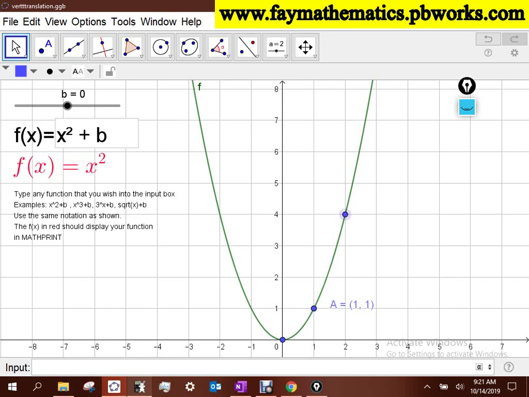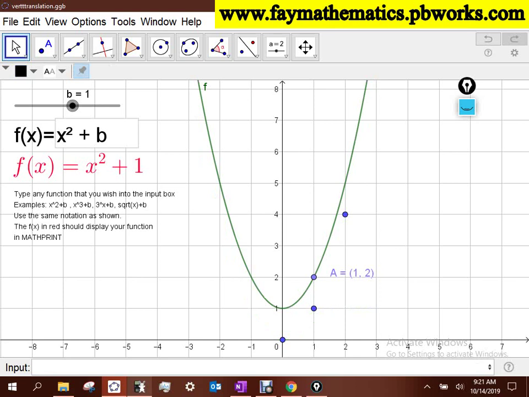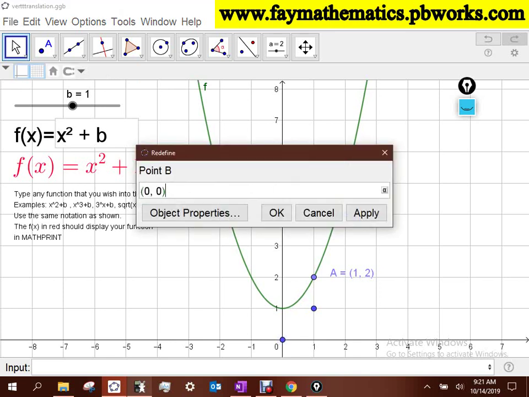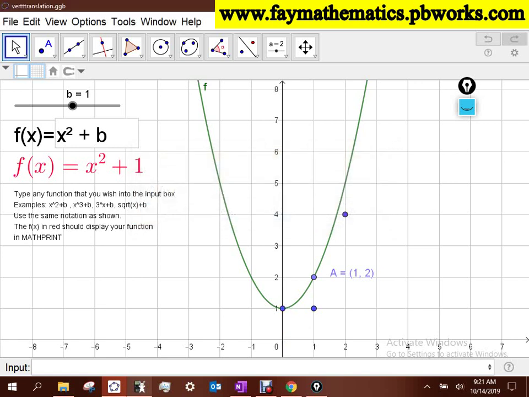Now, as I take this b value and add 1 to it, do you see that these parent function points, to get the points on the graph, don't I just take that one and add the b value to the y's? Does that kind of make sense?